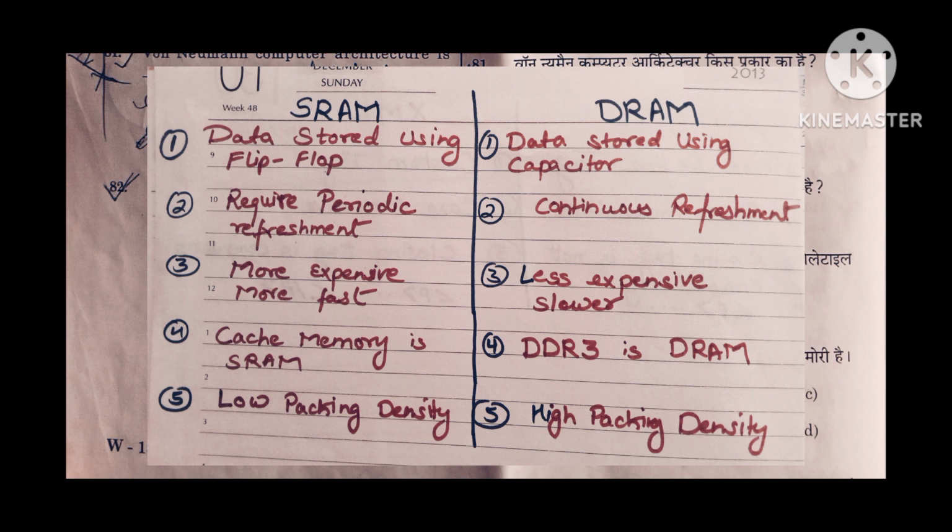The third difference is that SRAM is more expensive and faster, while DRAM is less expensive and slower. The fourth difference is that an example of SRAM is cache memory, and an example of DRAM is DDR3. And the last difference is that the packing density of DRAM is high, while the SRAM packing density is low.